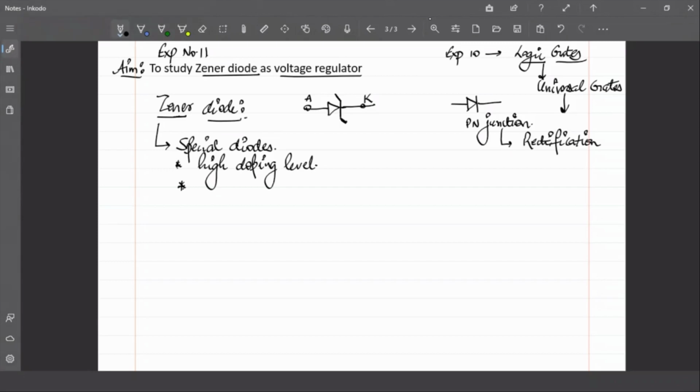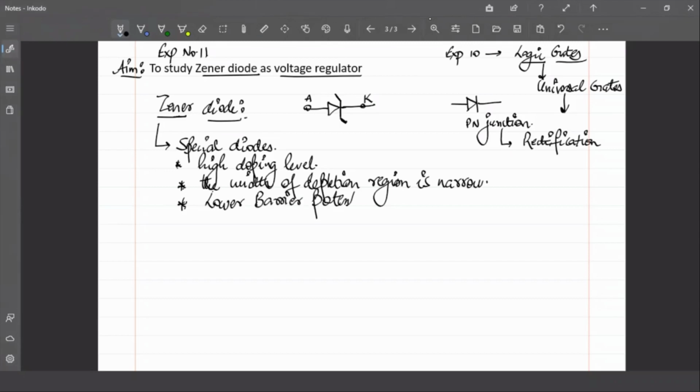As a result of this high doping, the width of depletion region is very less, or we can say narrow. Right? Width is narrow, and as a result, it offers lower barrier potential. Lower barrier potential.